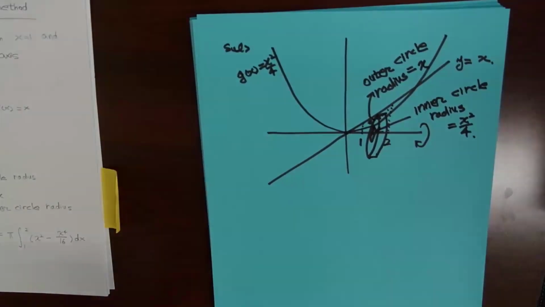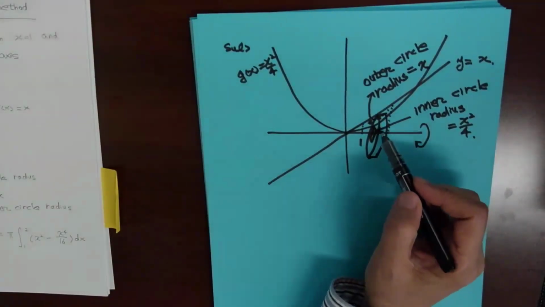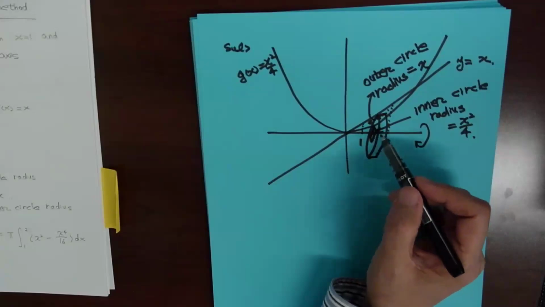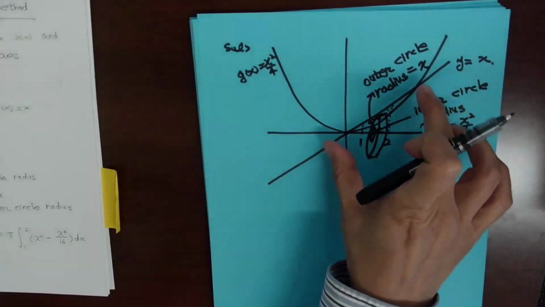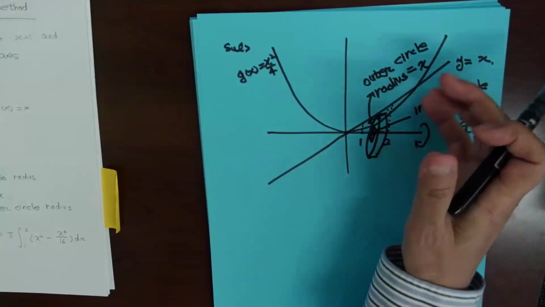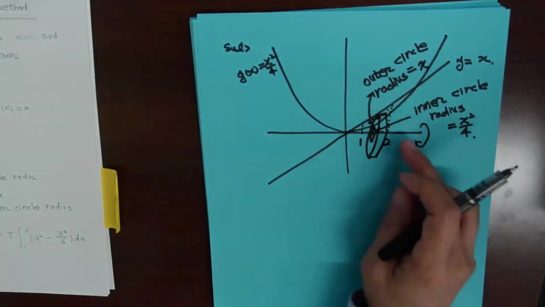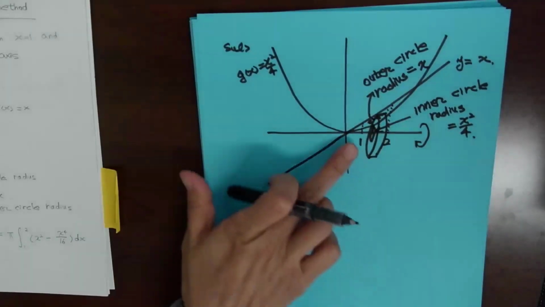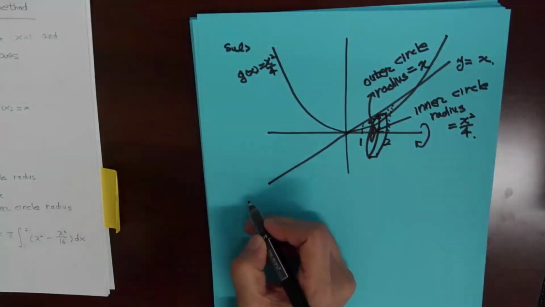Right. And so when we think about the object, it will have a hole right in the middle. After we calculate the rotation of y equals x, we have to subtract the rotation of this part, because that is the inner cylinder that we have to eliminate.